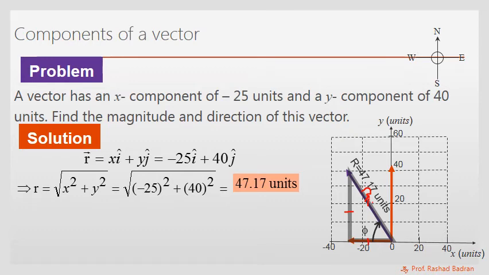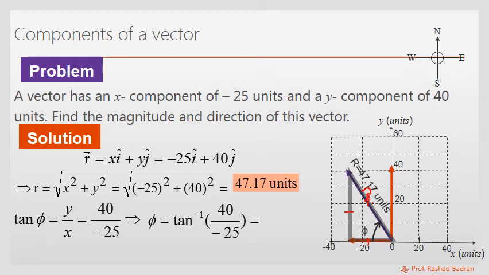To find the direction, let's find the angle phi by using tan phi, which is equal to y over x. Y is given a value of 40, while x is given a value of minus 25. Now phi is the tan inverse of this ratio, which turns out to be minus 58. The minus sign of this angle refers to the clockwise direction with respect to the negative x-axis.